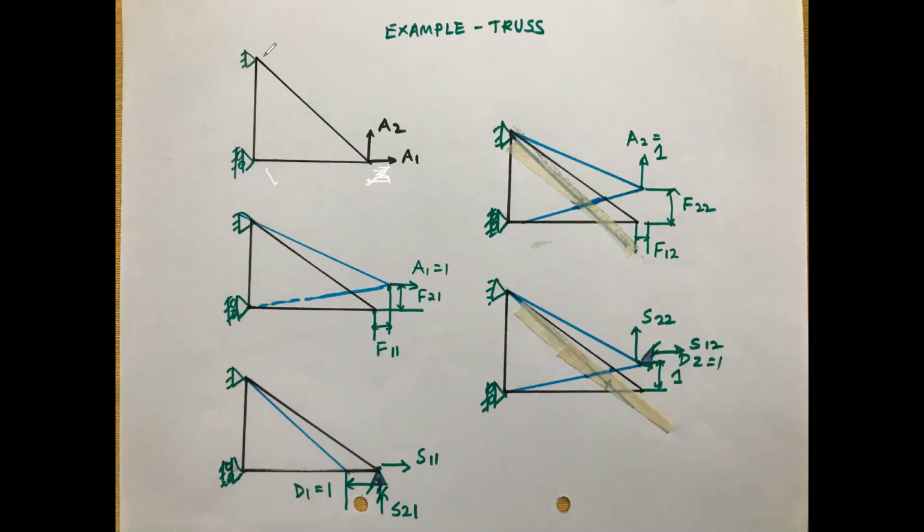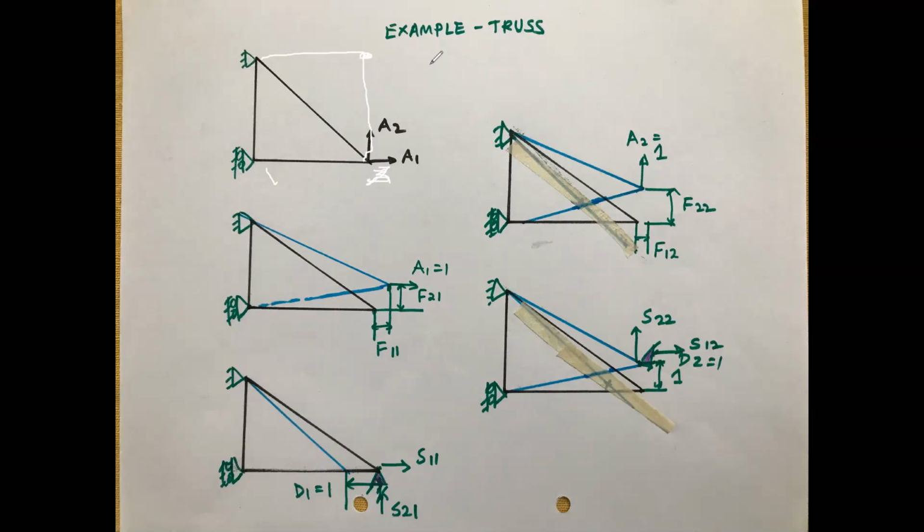Now suppose I am adding one more member. 2 more members, and this is the joint. And it is not being supported. Then how many kinematic degrees of indeterminacy? 5. So 2 plus 1.